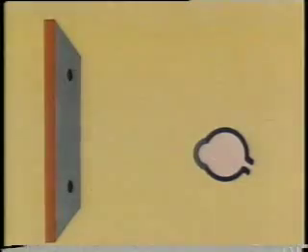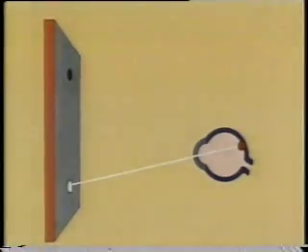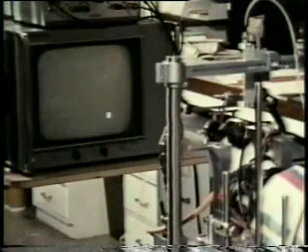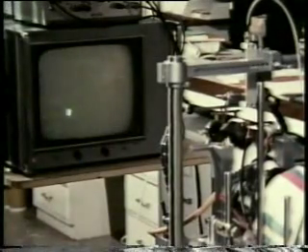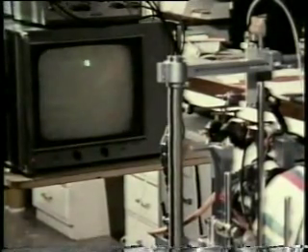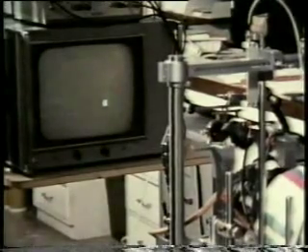In other words, if it's shown in the correct position on a screen in front of the cat. So we can plot the receptive field with a flashing spot on a screen. First, we move a spot of light around on this television screen in front of the cat to try to find the right part of the visual field. You can hear bursts of impulses as the spot crosses one particular area.